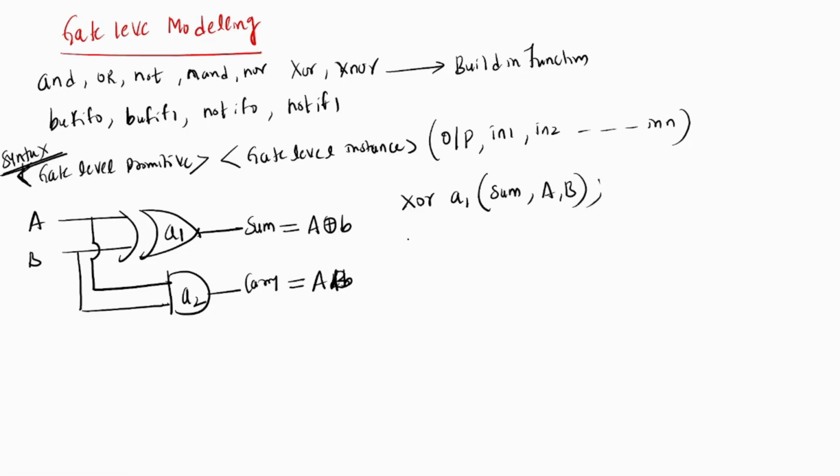And next, for carry, the gate level primitive is and, with gate level instance A2, and here the output carry, A, B, output followed by the inputs. Like this you need to write.